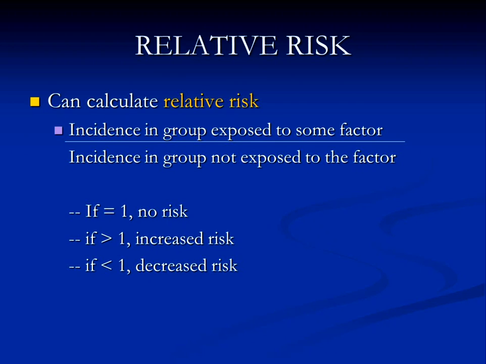So basically how you calculate relative risk is that in the numerator, you put the incidence that you found previously in a group exposed to some type of factor, and then you divide that by the incidence in a group not exposed to the factor.